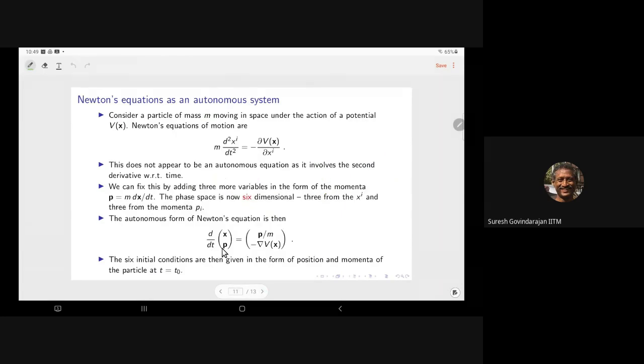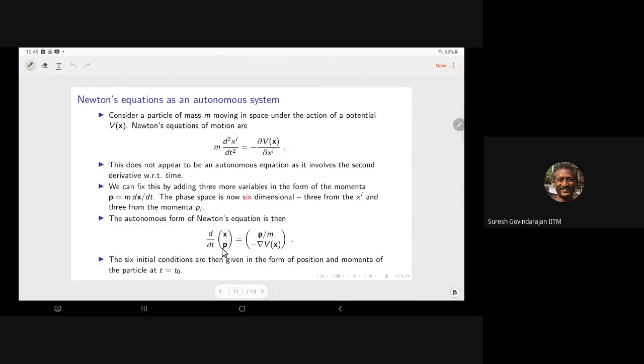Now let us get to our Newton system, and you will understand why. I'll be done after this. Consider a particle of mass m moving in space under the action of a potential V(x), and Newton's equations are just m d²xi/dt² equal to minus the gradient of this potential. The first thing is, it does not appear to be an autonomous first order equation.